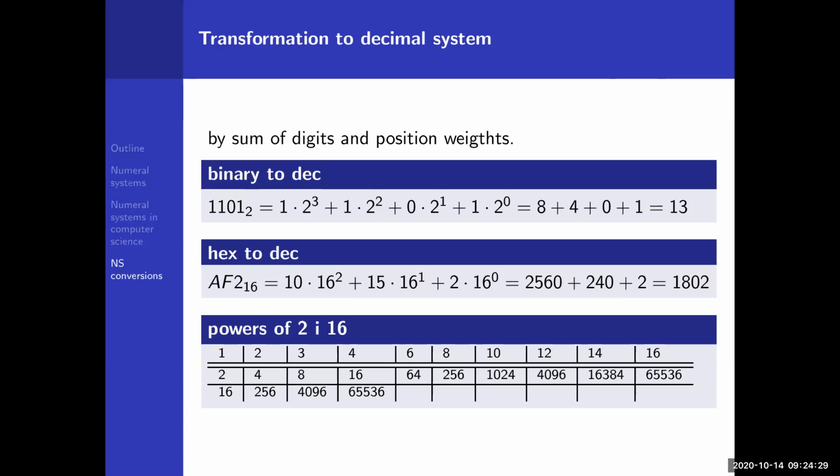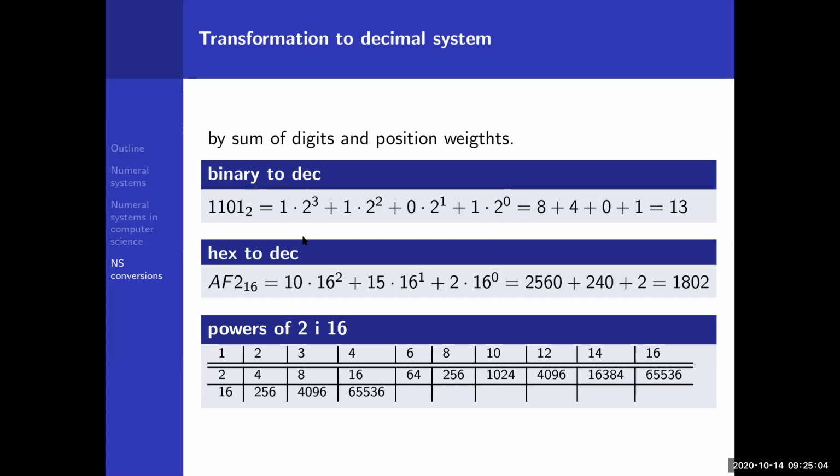I'd like to tell you how to convert values from decimal system into binary or hexadecimal system, because it is quite easy for us to do this operation in the opposite direction. To calculate a decimal value from binary, it's enough to take a digit and multiply it by the base to the proper power.